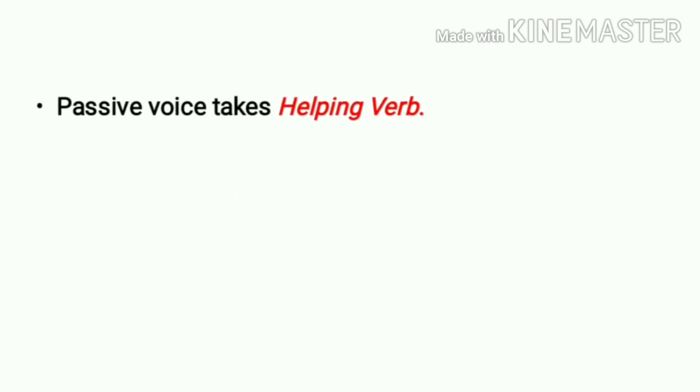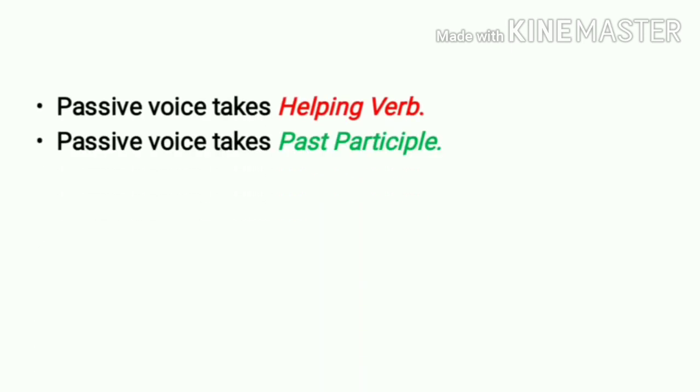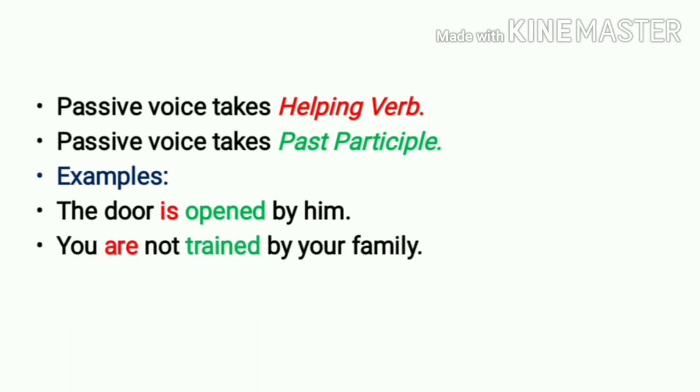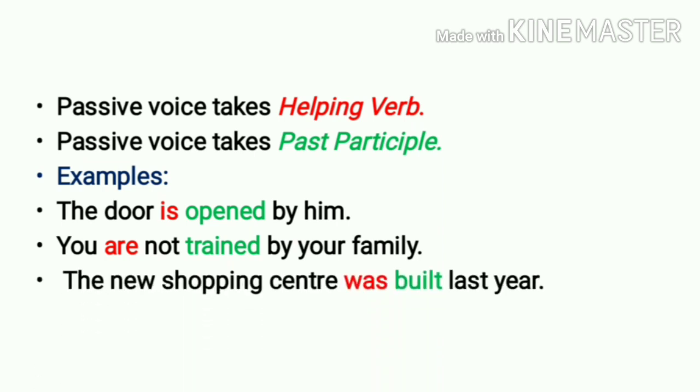Passive voice takes a helping verb. Passive voice takes a past participle. Let us see the examples. The door is opened by him. Is, that is helping verb. Open, that is past participle. You are not trained by your family. Are, that is helping verb. Train, that is past participle.